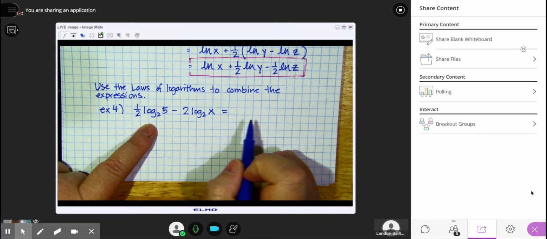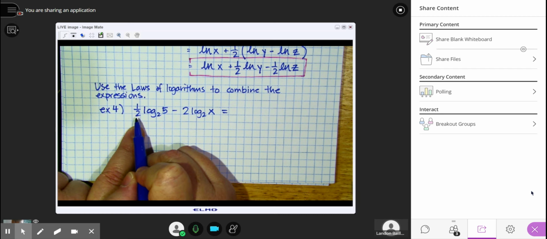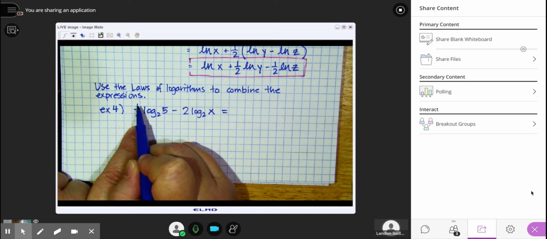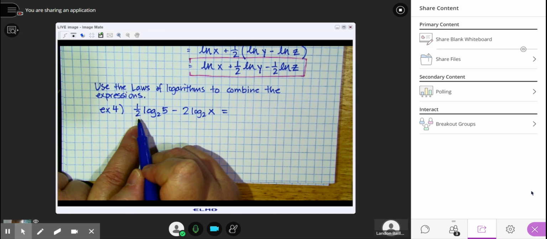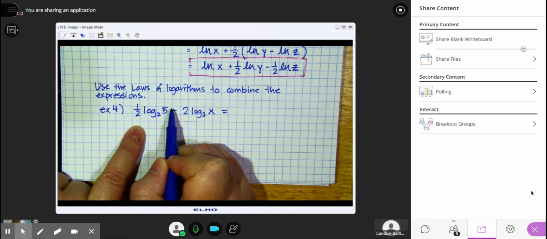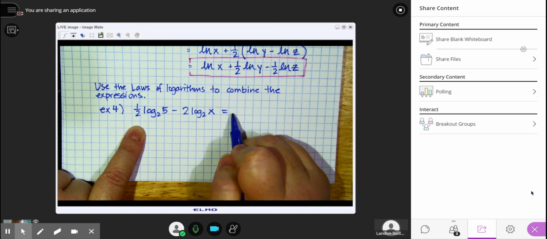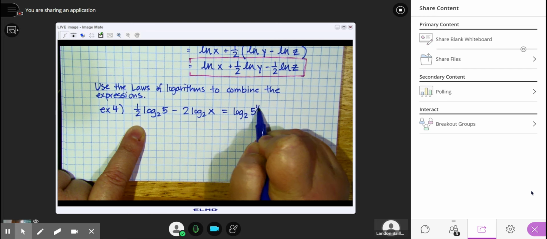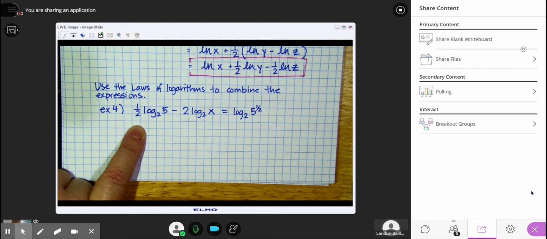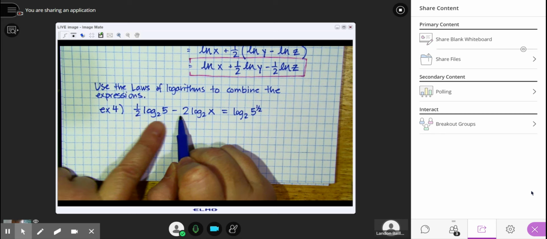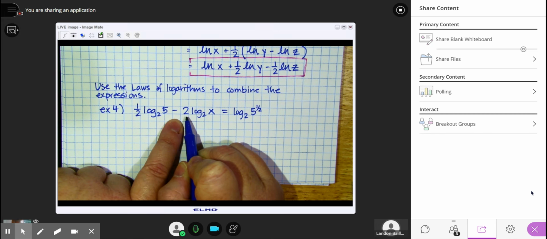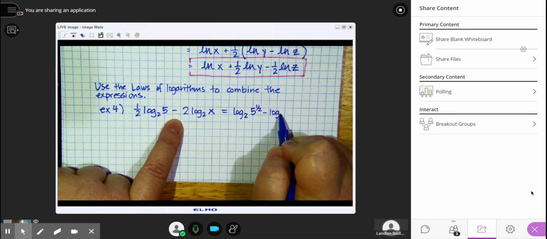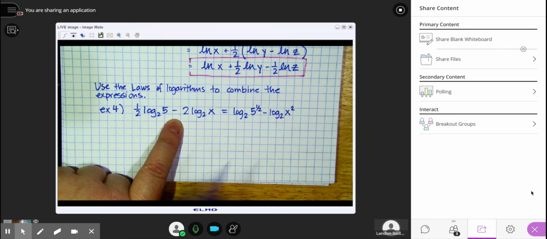So to work this out, if we have 1/2 log base 2 of 5, what can I do with that 1/2? Log base 2 of 5 to the 1/2 power, because I'm combining. The same thing with this 2. I'm going to switch it up and put it on the x squared.